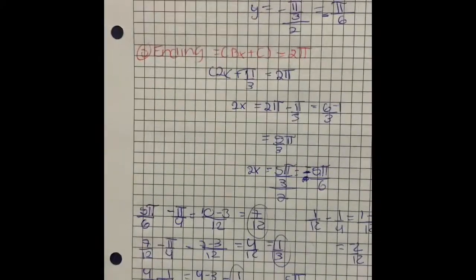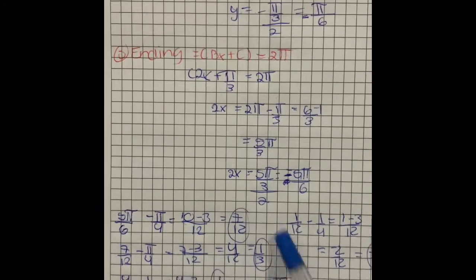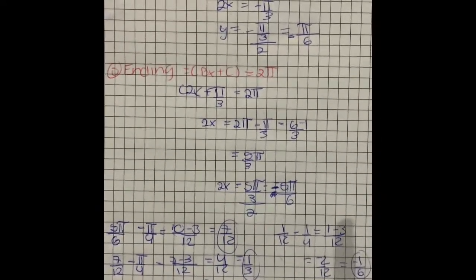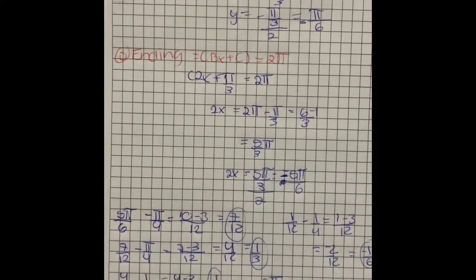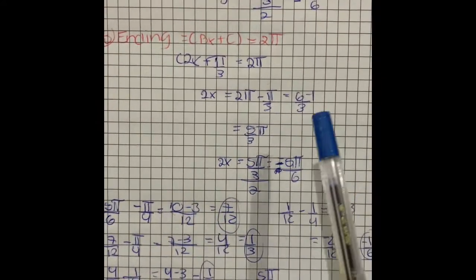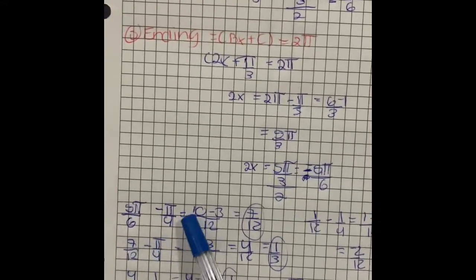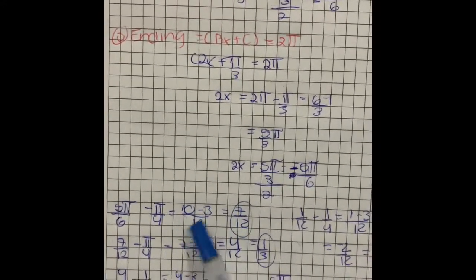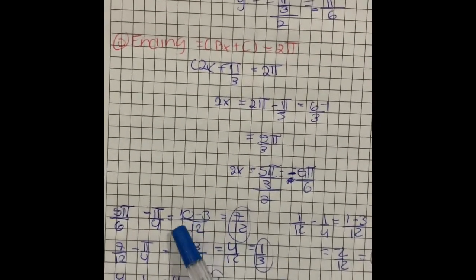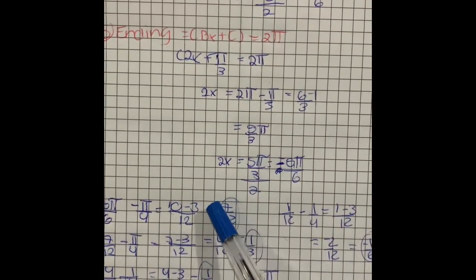The next thing we need to do is get all these points for the graph, and we have to make the subtractions of fractions. The first thing is 10 minus 3 between 12, which gives us 7 twelfths.